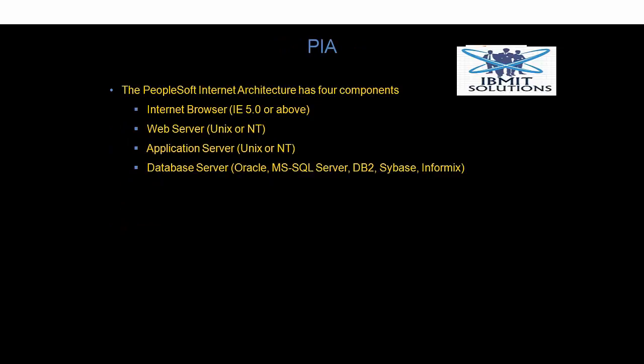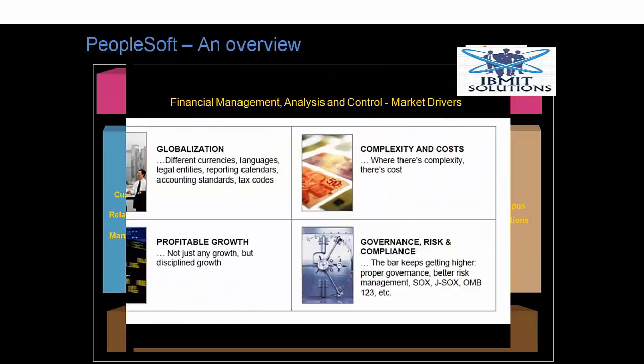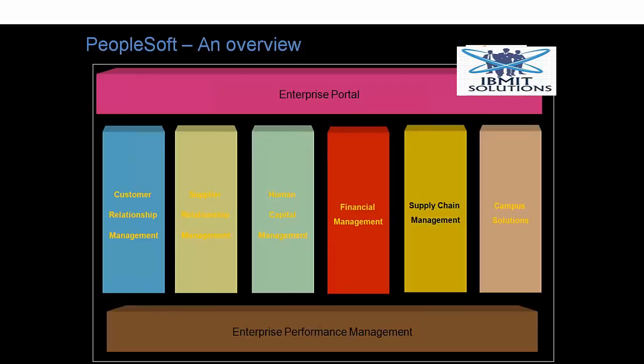And so these are the things: internet browser, web server, application server, and the database server. And these are the verticals, like CRM. CRM is mainly intended for the call centers. So these are the modules in the PeopleSoft Finance? Verticals. What does it mean by verticals?